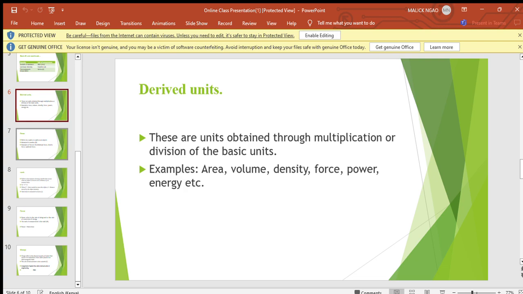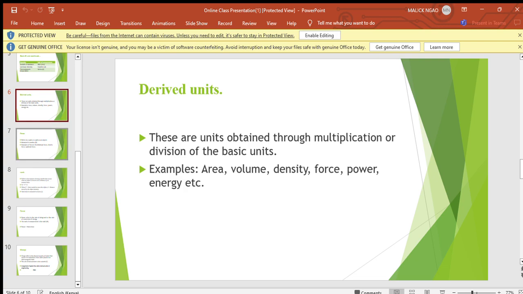Do you have any other example? Density, that is correct.